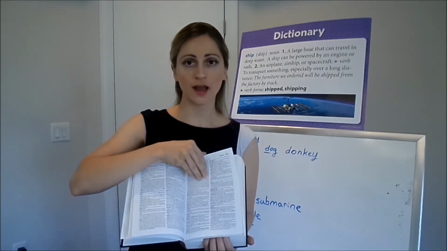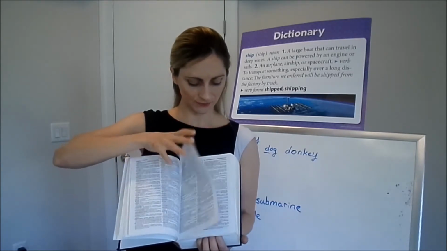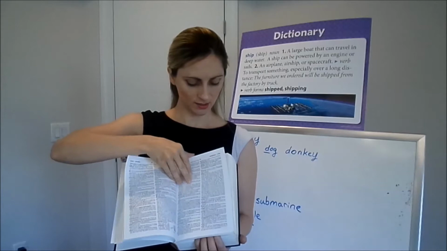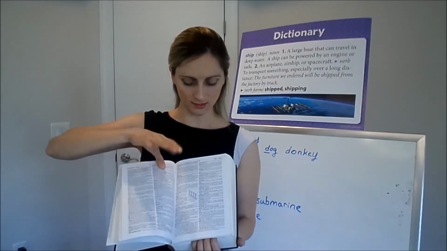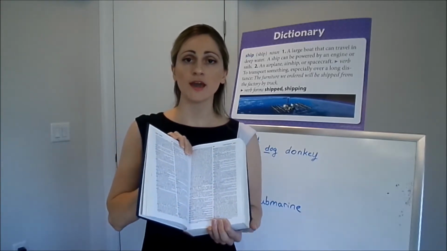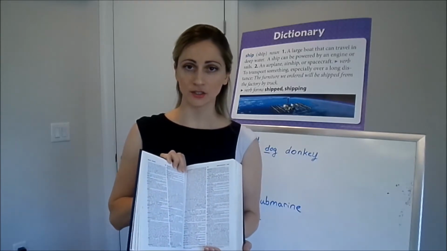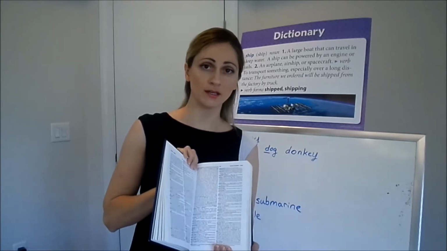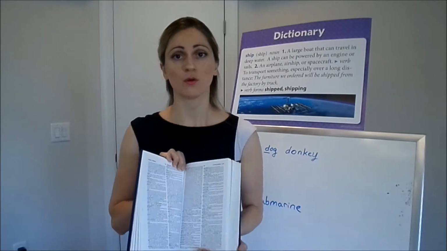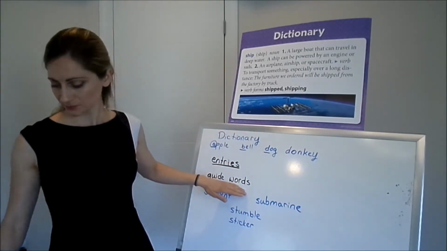It would take you forever to flip through every single page, beginning with A's and all the way to C's. The way that dictionaries are set up, they have a thing called guide words. Words that tell you if you should keep on flipping, or you've gone too far, or if you're on the right page. So, they're called guide words.